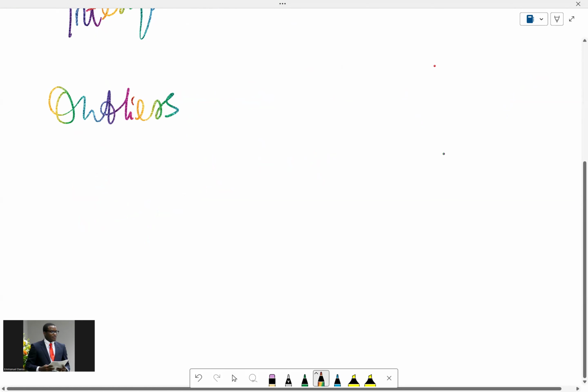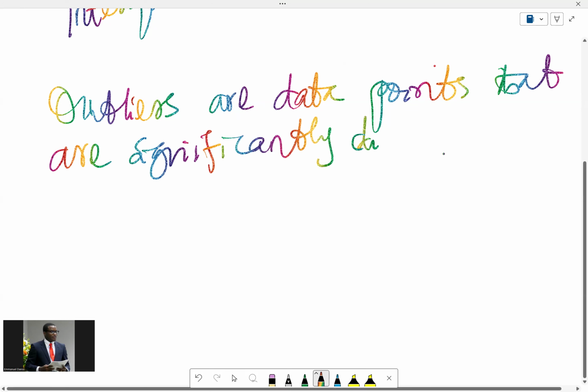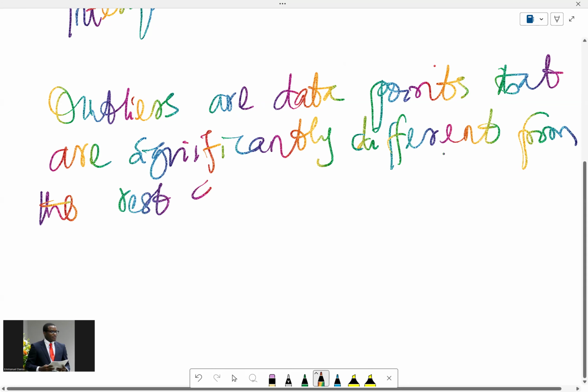Outliers are data points that are significantly different from the rest of the data set.